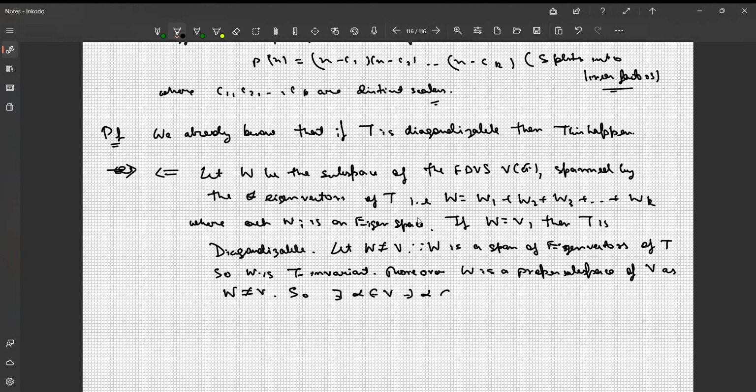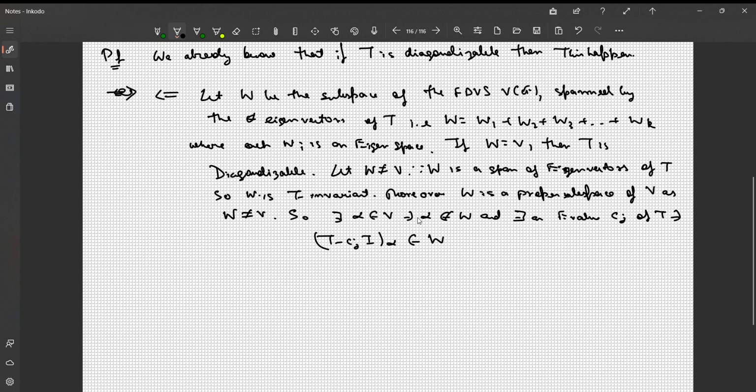That means we can use the lemma we had proved, right? So there exists some vector alpha in V such that alpha is not in W, and there exists an eigenvalue, say Cj of T, such that T minus Cj I of this vector alpha is inside W, right? What we do is that we assume this very vector to be some beta. Let beta be equal to T minus Cj I of alpha.